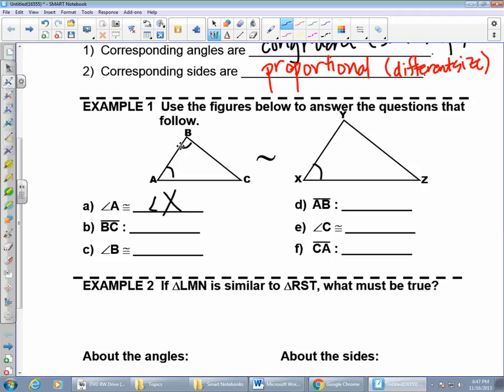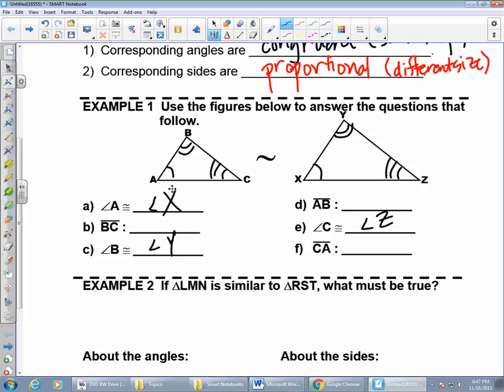Angle B is congruent to angle Y, and angle C is congruent to angle Z, again because they're in the same position.